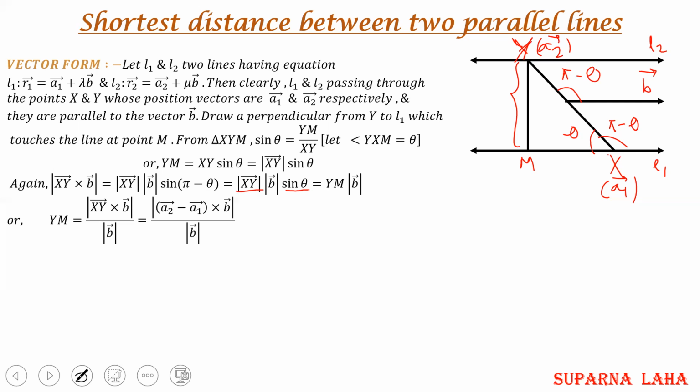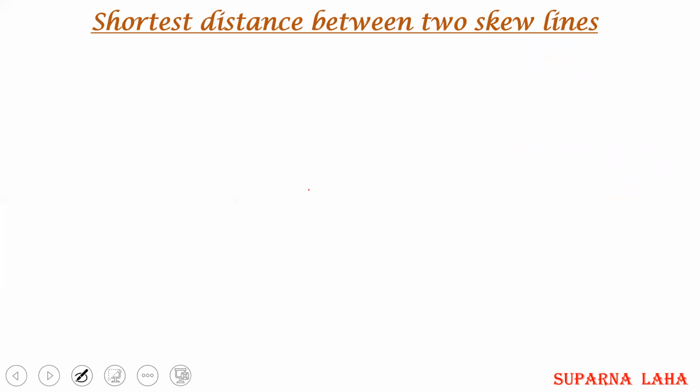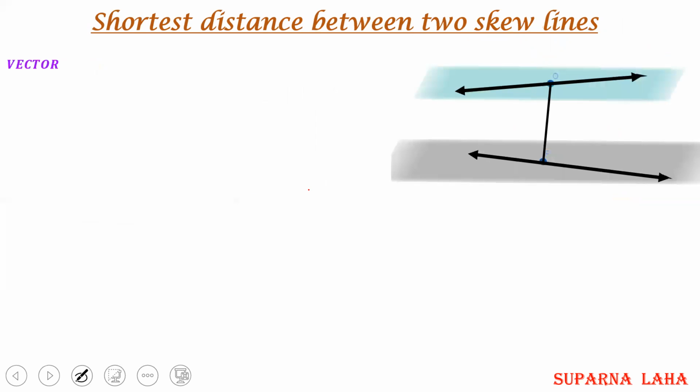Okay. So next, we need to find the shortest distance between two skew lines. Skew lines means lines which are not parallel to each other, but not intersecting each other. So this kind of lines are called skew lines.